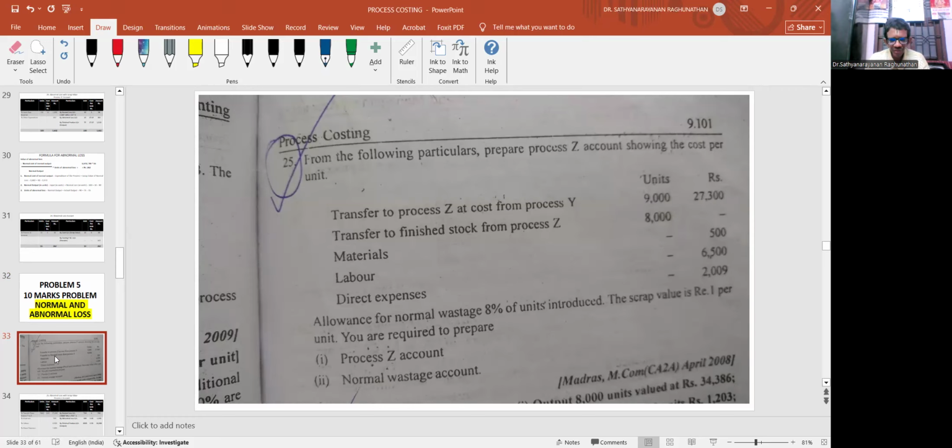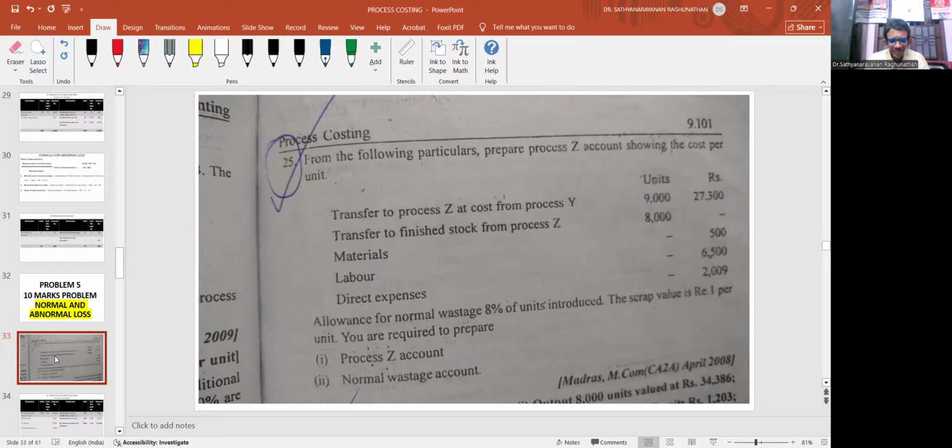From the following particulars, prepare process Z account showing the following. Transfer to process Z at cost from process Y, 9,000 units for rupees 27,300. Transfer to finished stock from process Z, 8,000 units.